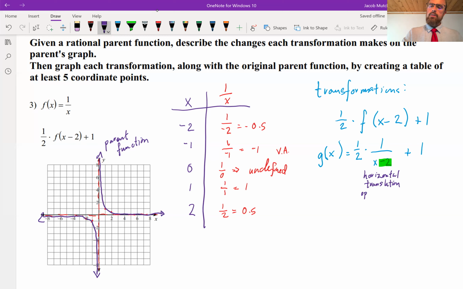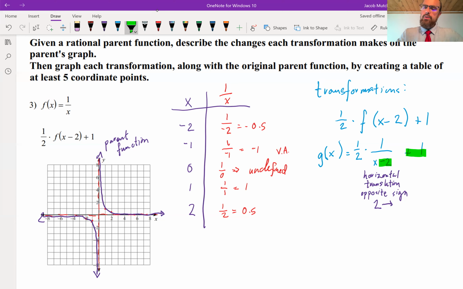So the idea is if it's saying -2 like we've got here, minus is typically to the left. However, in a translation, when we're considering the transformations, we're going to go opposite the sign. So my prediction is that it should move the graph 2 to the right. That's one of the changes.